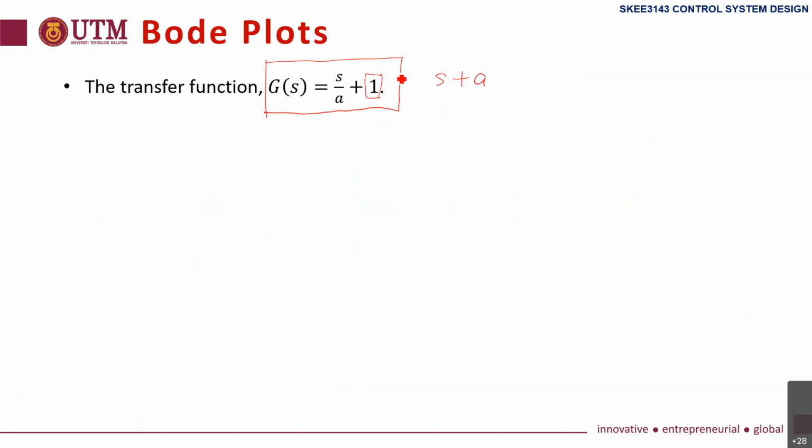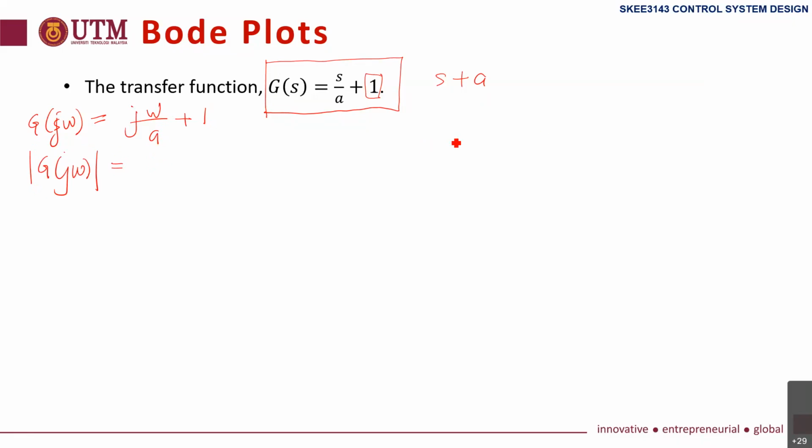Okay, what happens if we have S over A plus 1? Let's transform into the frequency response. Substitute S with J omega. So we get J omega over A plus 1. And the magnitude is here, J omega over A plus 1.